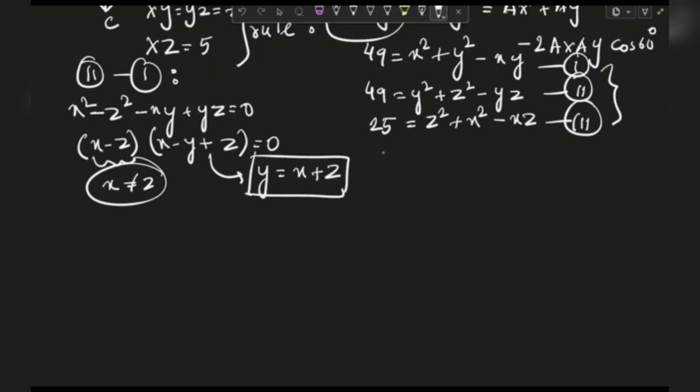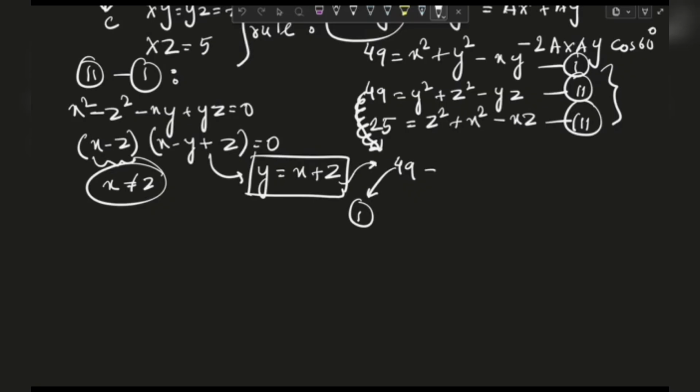Now I will take this value and put it into equation number 1, sorry, not the second one. I am taking equation number 1 and satisfying this.